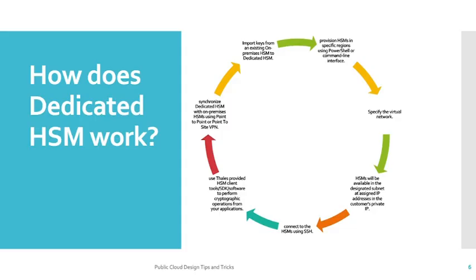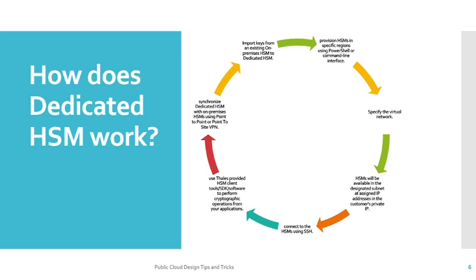Now, how does it work? When you are provisioning an HSM, you provision it in a specific region via a PowerShell script or command line interface. Only via these two methods can you deploy your Azure Dedicated HSM. And you have to deploy it into a specific virtual network. The HSM will be available in the designated region via the private IP.